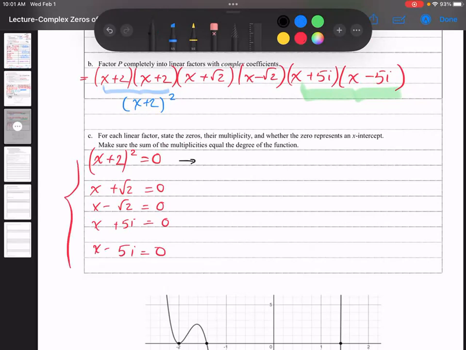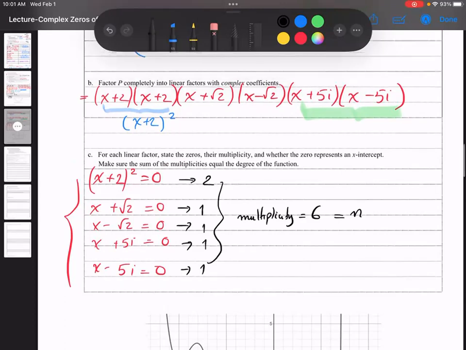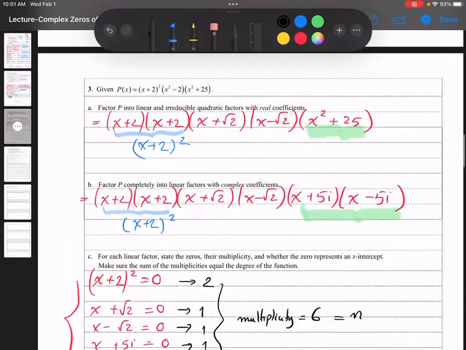The multiplicity of x plus 2 squared is 2, right? And then the rest will be 1. And this should add up to the original problem, which is 6, which is equal to n. It is, right?